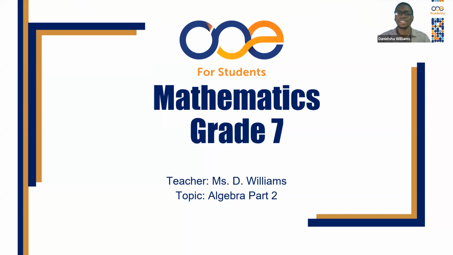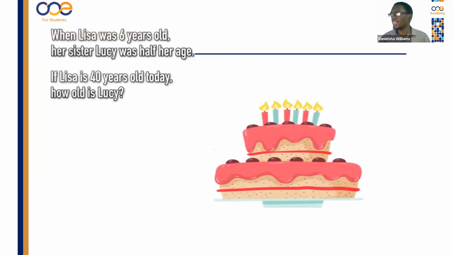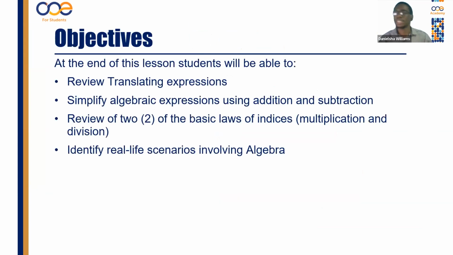All right. So for this evening, we'll be looking at algebra part 2. I was told that you had already started some of these, so I won't go through this riddle again. The objectives: first, we'll review what you would have done last week.